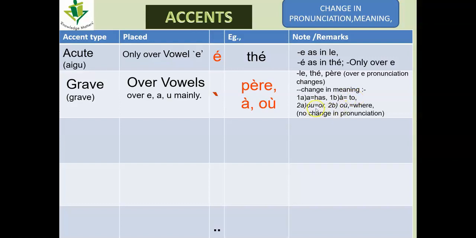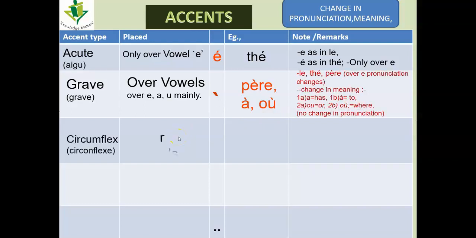OU, U without the accent is pronounced as U, and the meaning is or, and U with the accent is the same pronunciation, but the meaning is where.